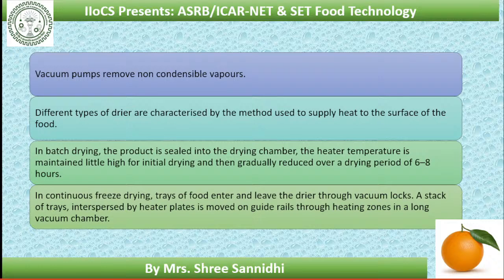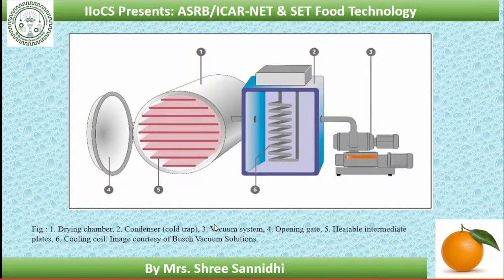A stack of trays interspersed by heater plates is moved on guide rails through heating zones in a long vacuum chamber. Whatever food is put inside will be freeze dried and then moved to the next zone. So this is the continuous process.